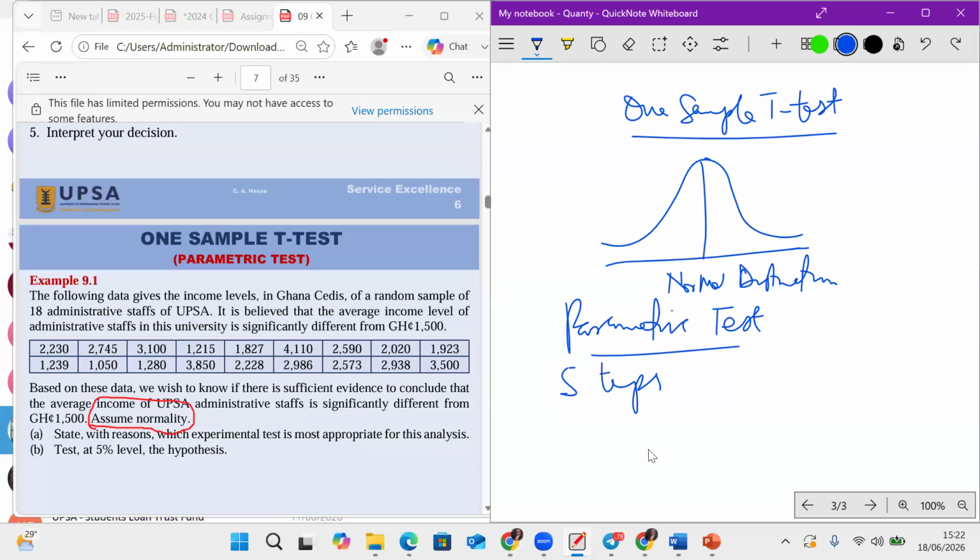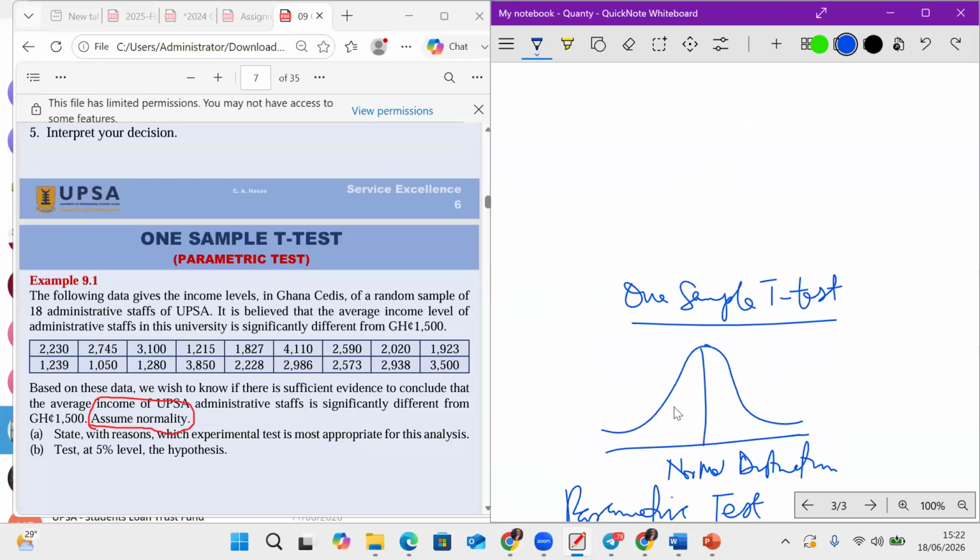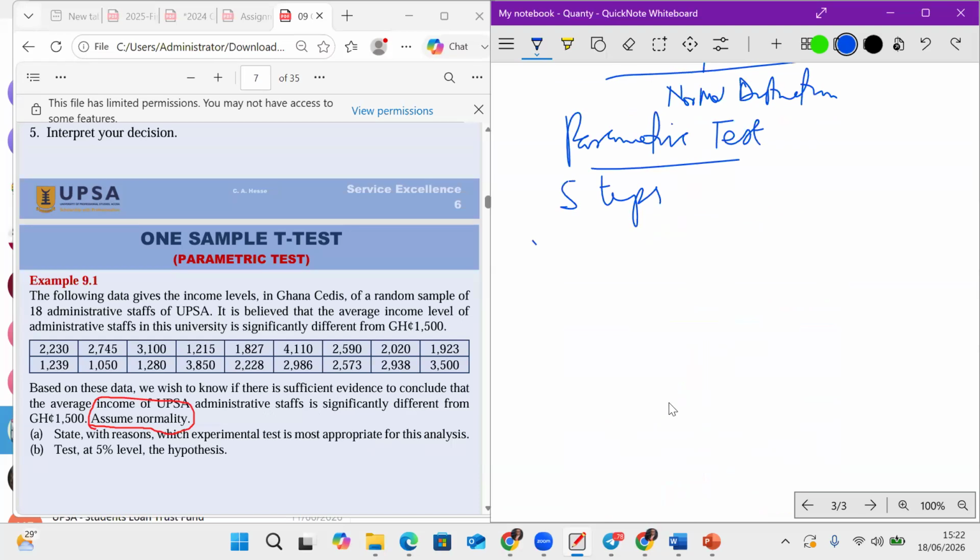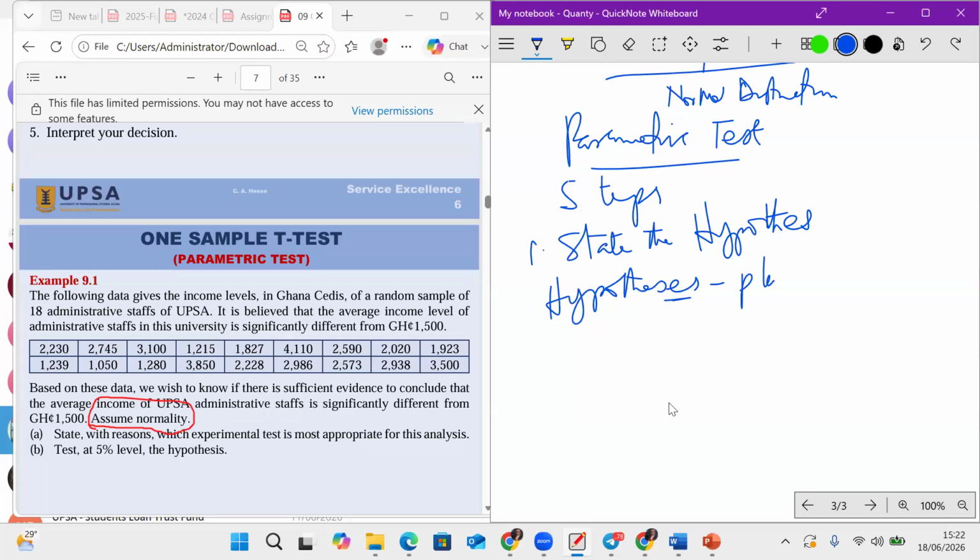The 5 steps: one, you would have to state the hypothesis. Hypothesis with an E is plural, meaning more than one.